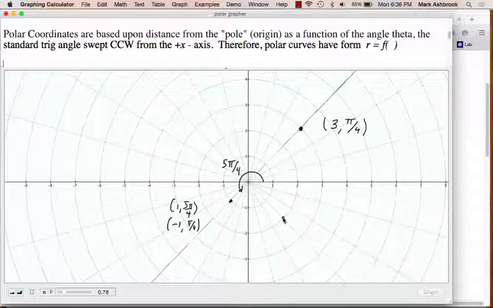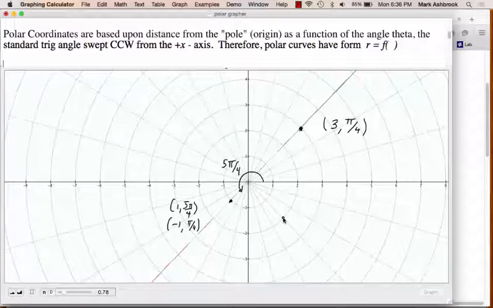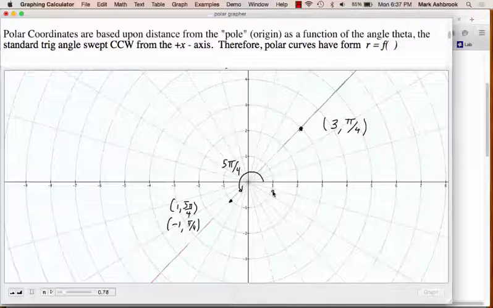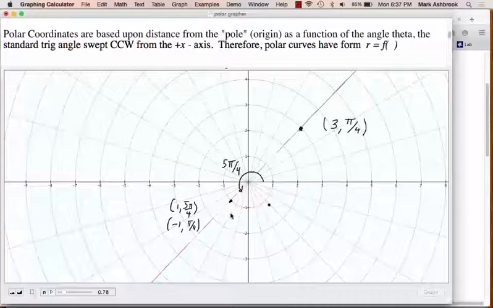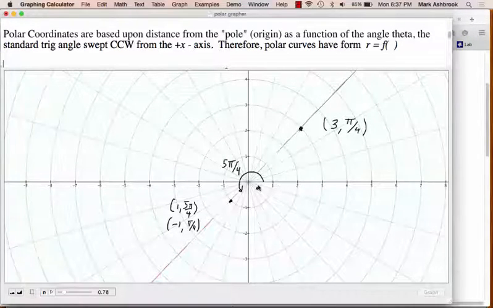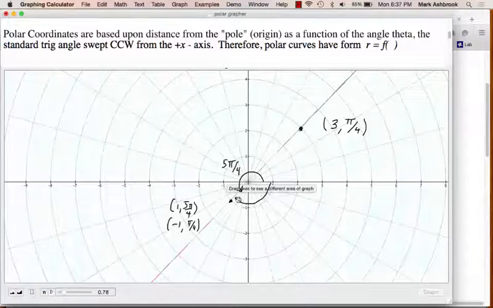Okay? There's still another way to do this. What would be another way to get to this point? What if we swept, instead of sweeping counterclockwise, we swept clockwise? We could sweep clockwise like this.